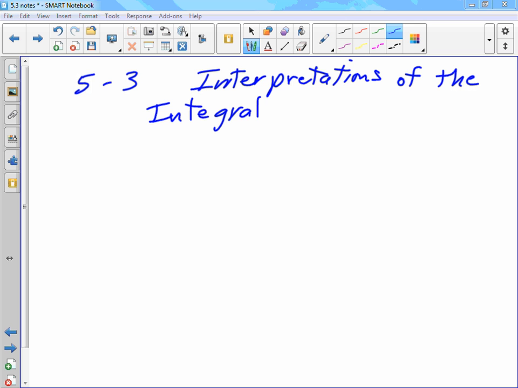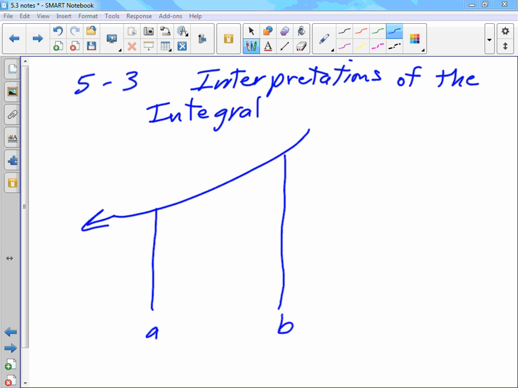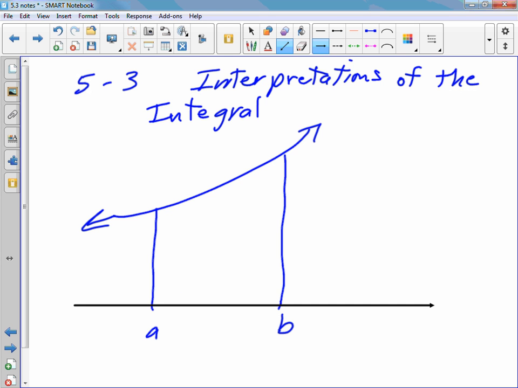Okay, so let's say you have some function, doesn't matter, that goes from A to B, an interval. And then we have an axis, looks like this.